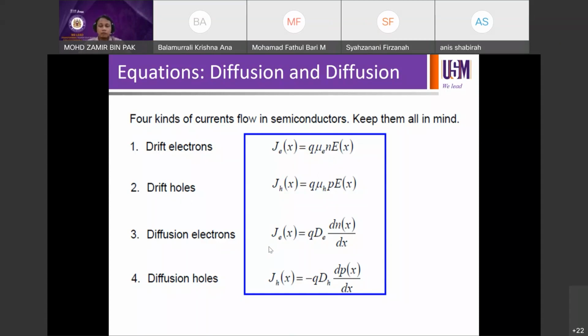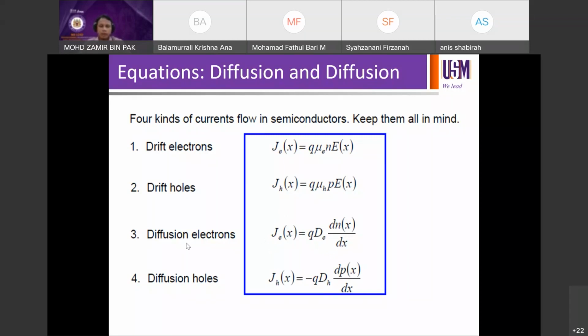On the other hand, if you want to do the calculations for diffusion current density due to electrons or due to holes, you have to use the below equations, yeah? q D_e dn/dx for D_e, the diffusivity of electrons, or on the other hand, for holes, negative q D_h dp/dx, right?